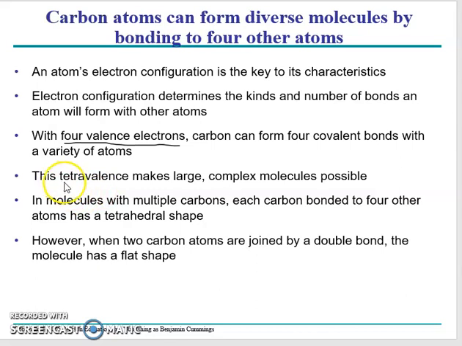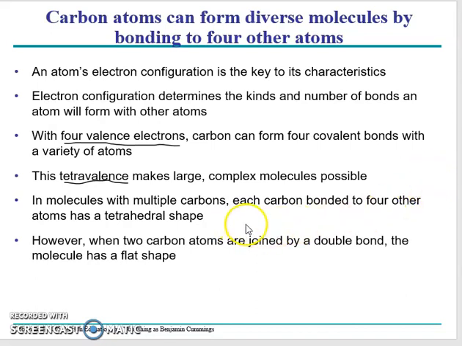Since we're talking about valence electrons, the outermost electrons, we call this tetravalence. Tetra meaning four, valence, obviously what I just explained. This tetravalence can make large complex molecules possible. So a carbon can bond with four hydrogens, two hydrogens and one oxygen, two oxygens, other carbons.